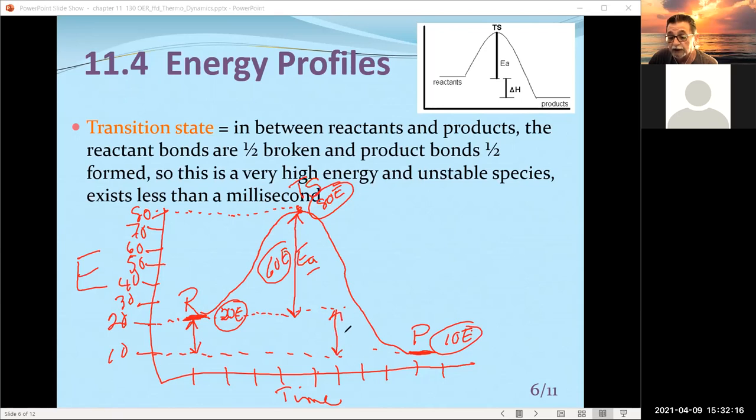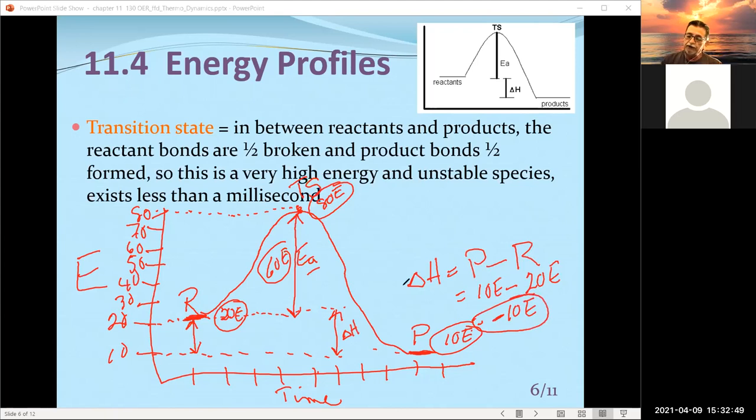we have this thing called delta H. That is the energy of the reaction, okay? Now, delta means the change, which is basically the energy of the products minus the energy of my reactants. Well, you can see here that my products end up at 10 E, and my reactants started off at 20 E. And guess what? 10 minus 20 gives me a negative 10 E. The important part here is that there's 10 units of energy difference between the reactants and products.